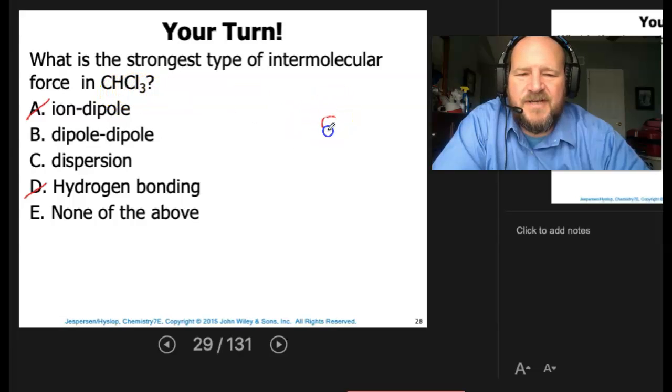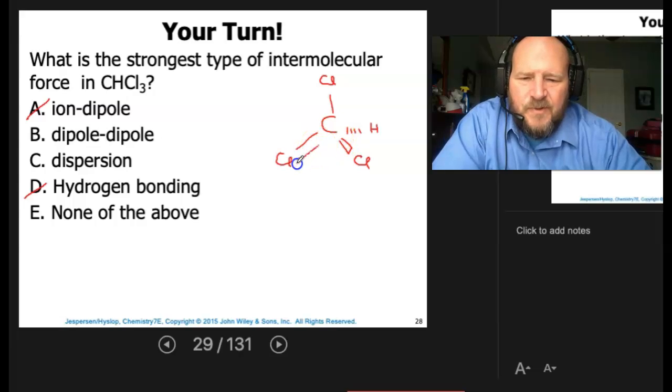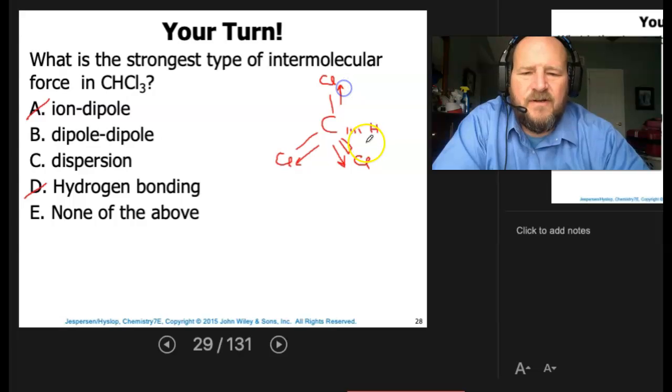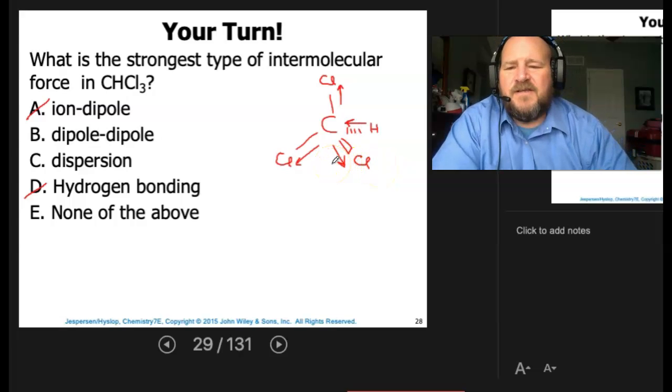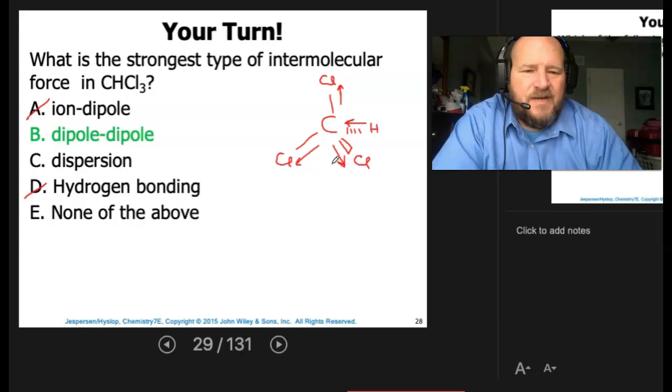Remember, carbon is tetrahedral. Best I can do drawing 3D here on a 2D whiteboard. The chlorines are all going to be pulling, if we look up our electronegativity values. Hydrogen's going to be actually pushing. And so yes, we do have a dipole. So our strongest would probably be that dipole-dipole interaction.